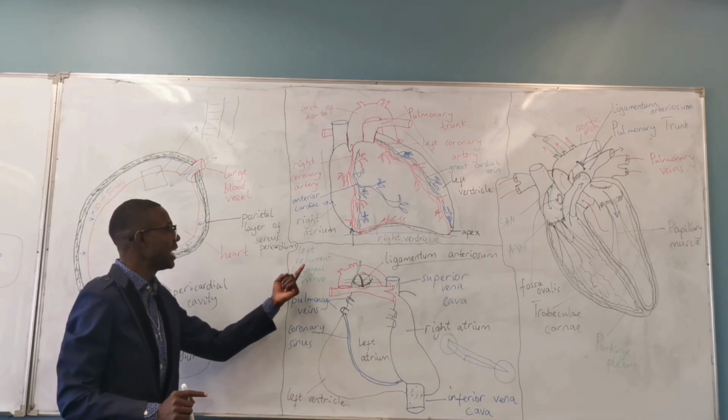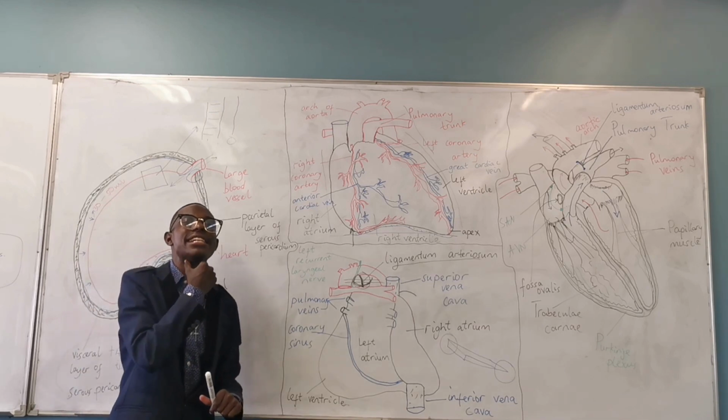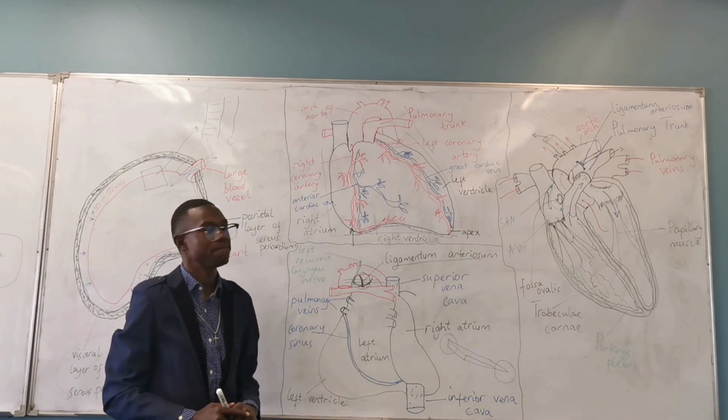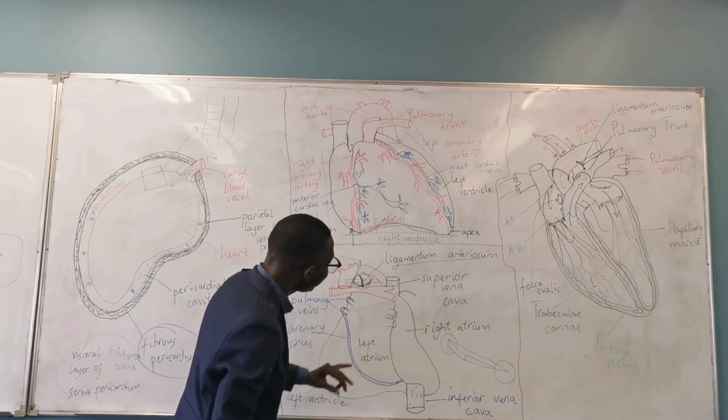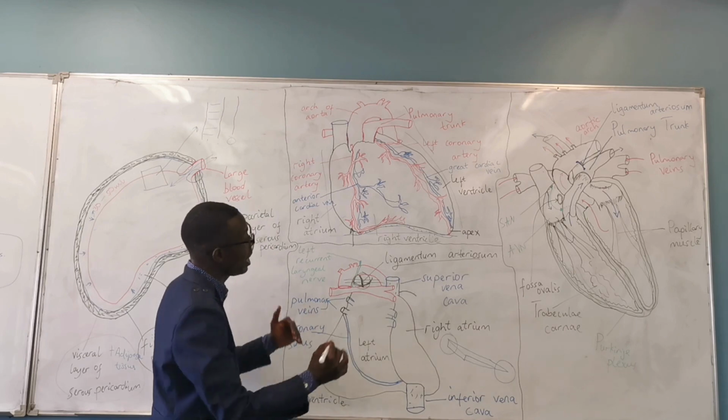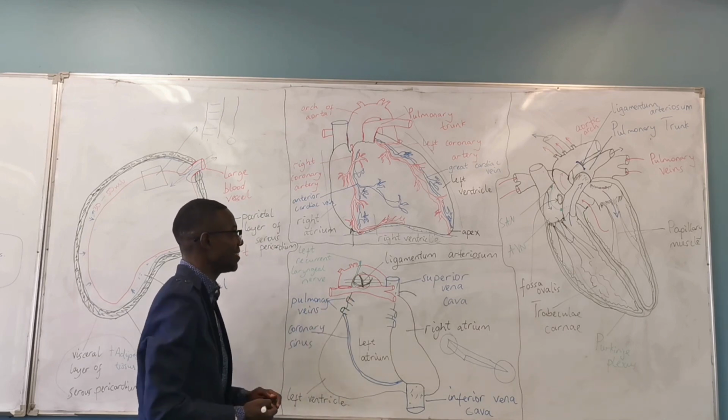Because the left recurrent laryngeal nerve innervates the larynx that is responsible for voice production. So this is about the structures that are leaving and entering the heart.